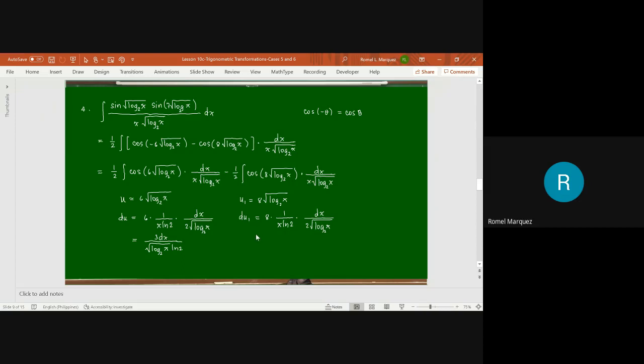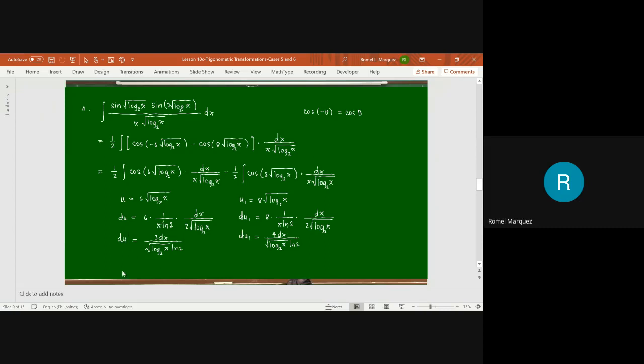Similar here, this is equal to 4 dx over x ln 2 square root of log of x to the base 2. Okay, guys? So that's for the du of the second integral.